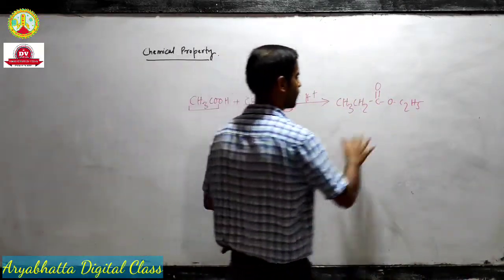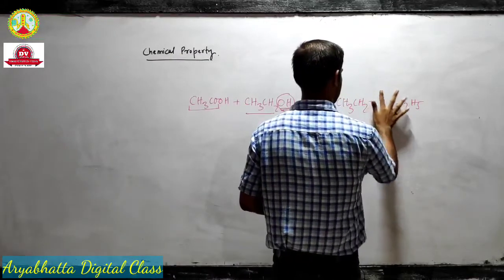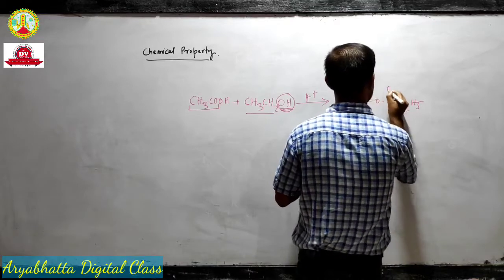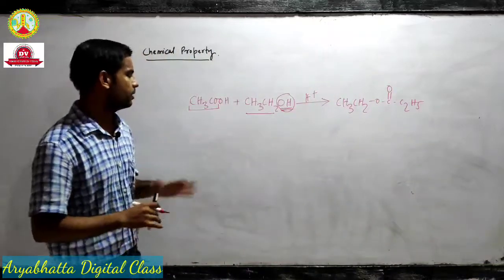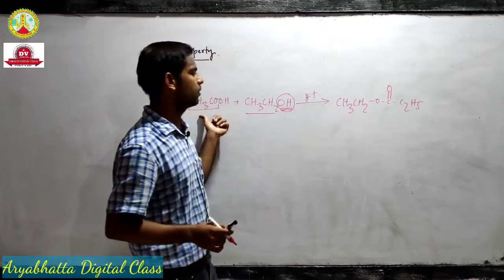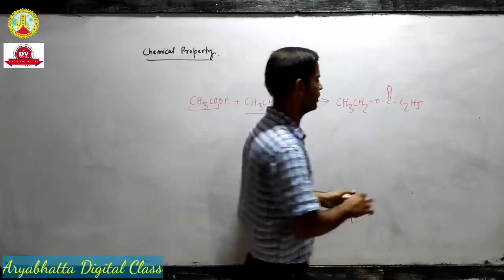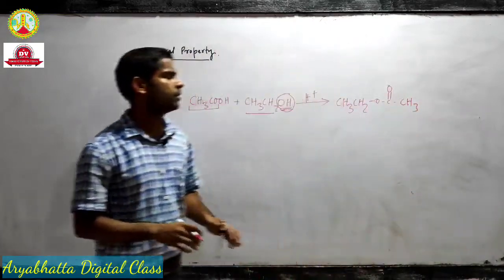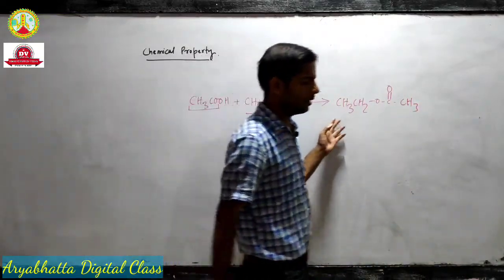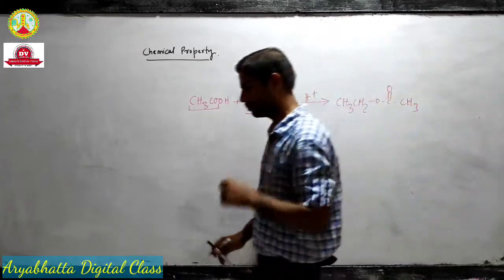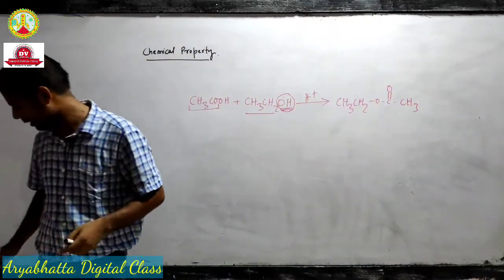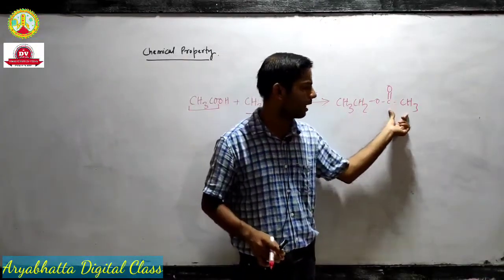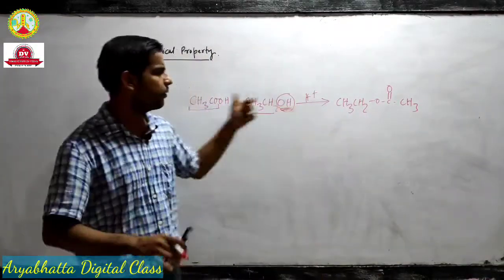Okay, so this is our result. So we get ethanoic ester. Okay, so ethyl ethanoate. Okay, this is our final result.